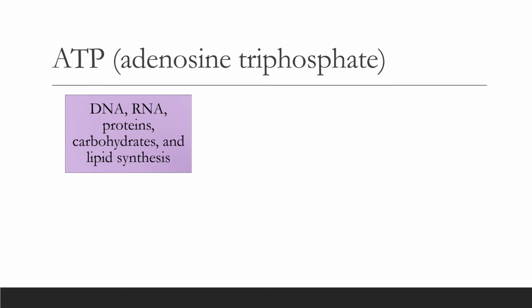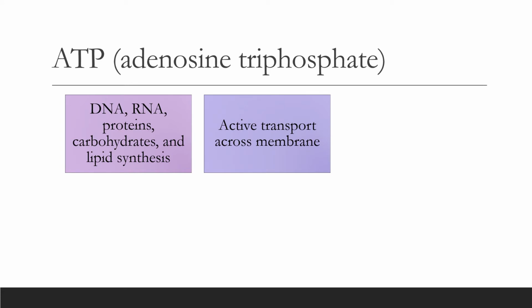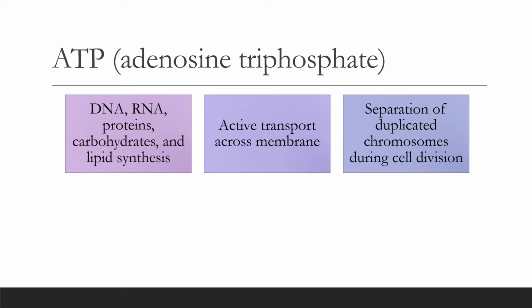Now, ATP is essential because it powers nearly every activity that requires energy in the cell. Say, for example, the synthesis of DNA, RNA, proteins, carbohydrates, and lipids, active transport across membranes, separation of duplicated chromosomes during cell division, muscle contractions, and many others.